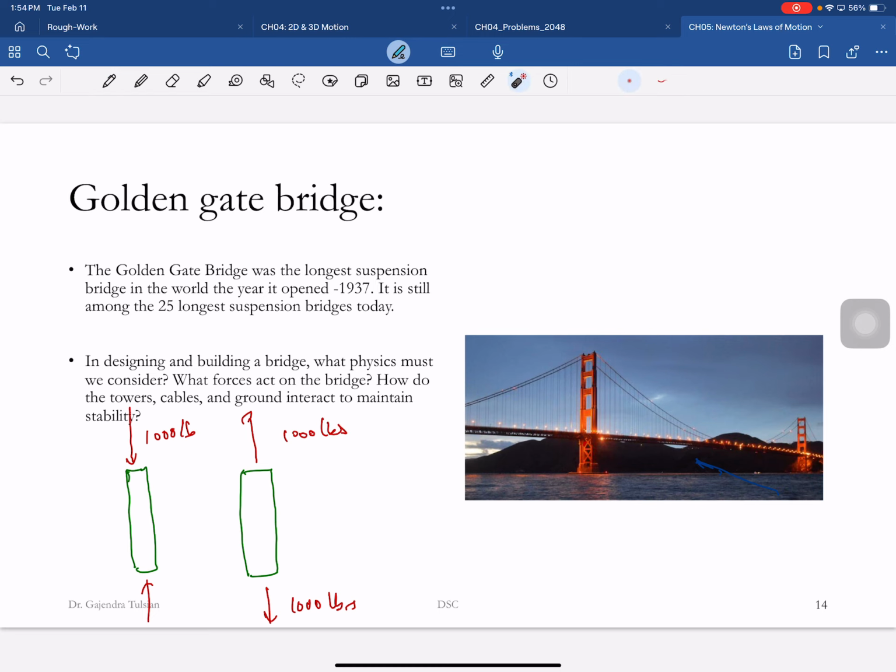In this diagram, I'm applying forces to compress the pillar. In this diagram, I'm applying tensile forces. They're identical pillars. When is it more likely to break? Or are they equally likely to break?